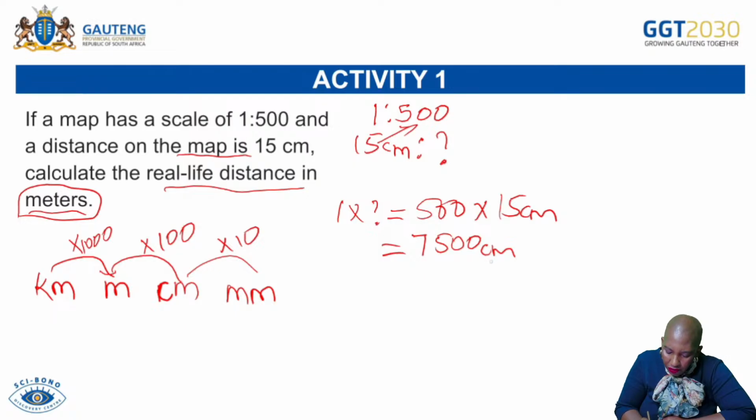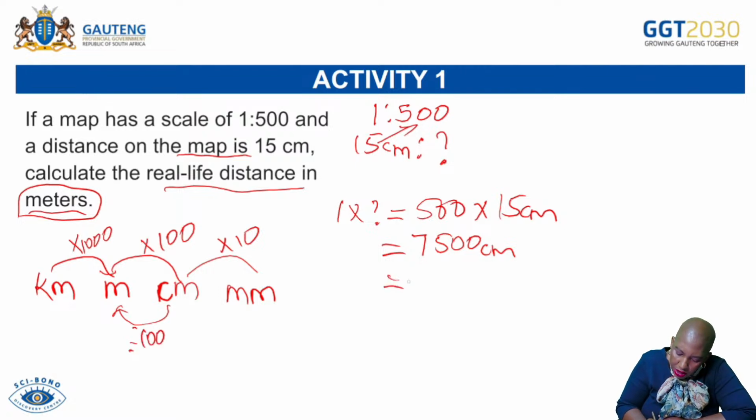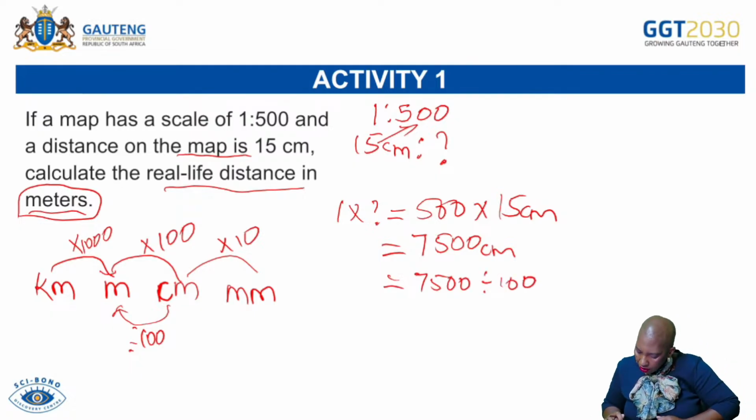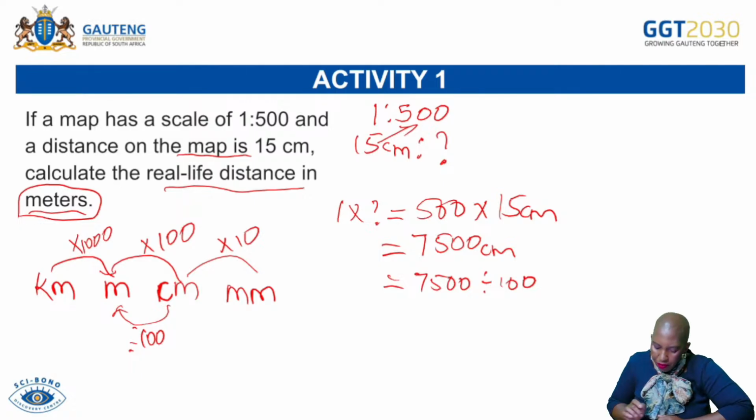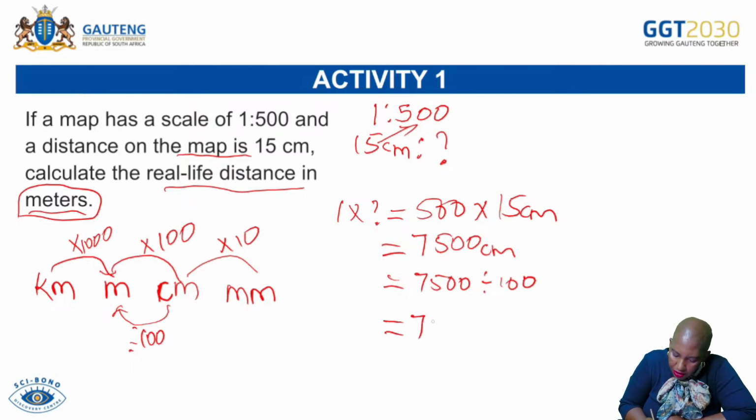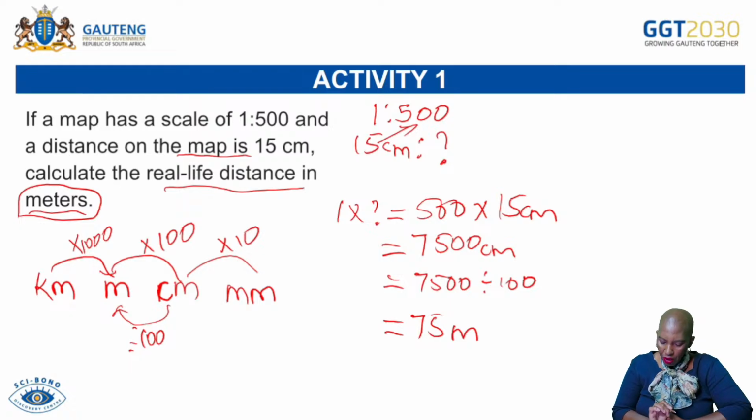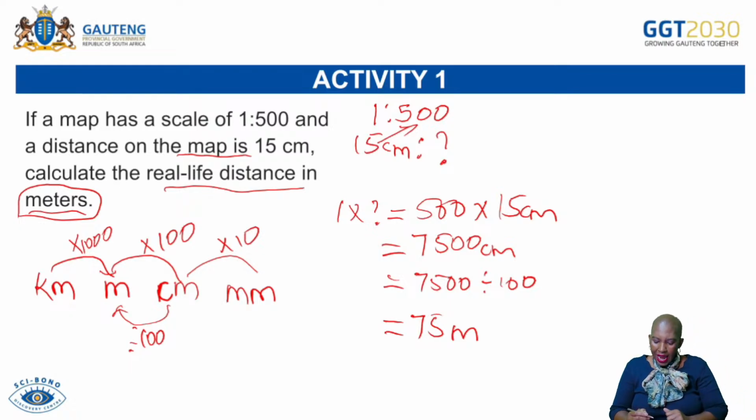Now I want to convert from centimeters to meters. That means I have to do what? Divide by what? By 100. Then I just take this and say 7,500 divided by 100. My answer will be what? 75 meters, because I have to divide by 100.